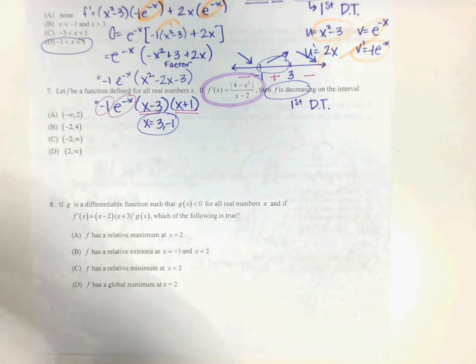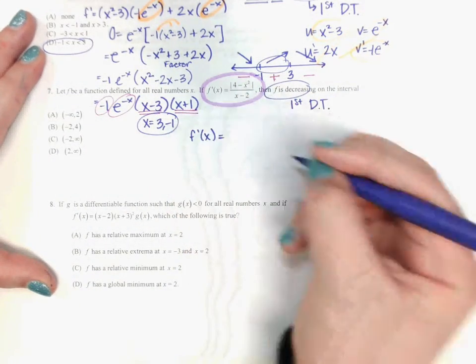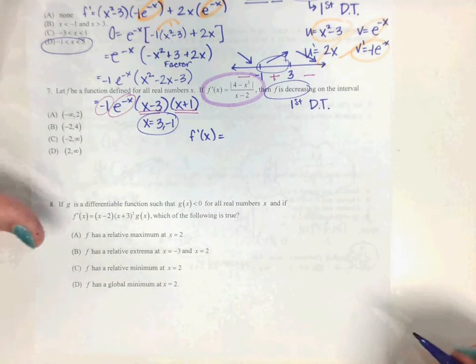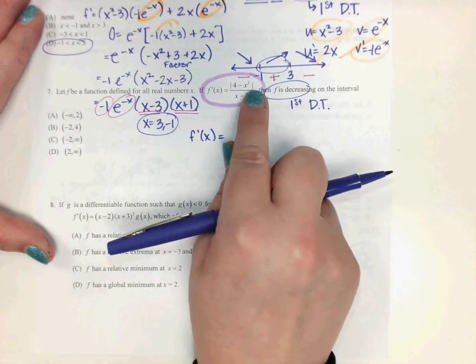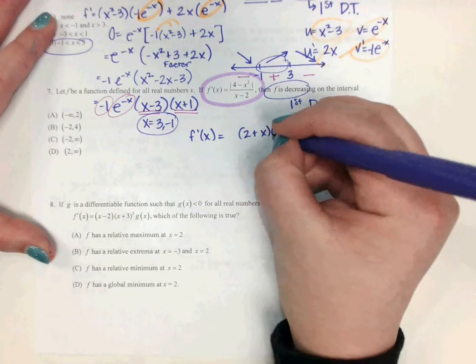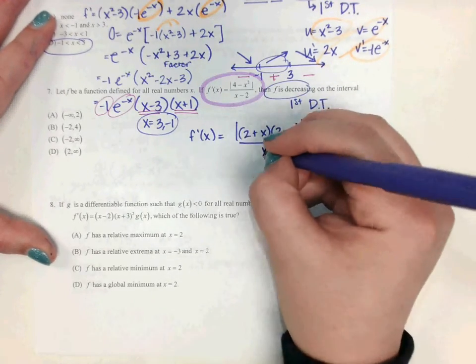So f prime of x equals, let's factor the top of it. 4 minus x squared is a difference of perfect squares. Square root of 4 is 2. Square root of x squared is x. So it's a 2 plus x, 2 minus x. Now notice it's kind of in a weird order, right?